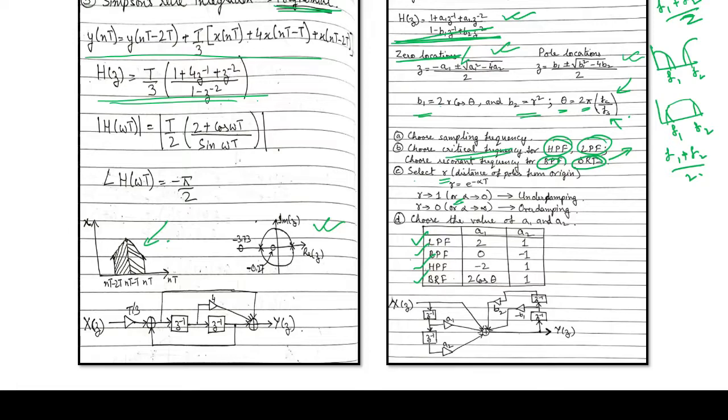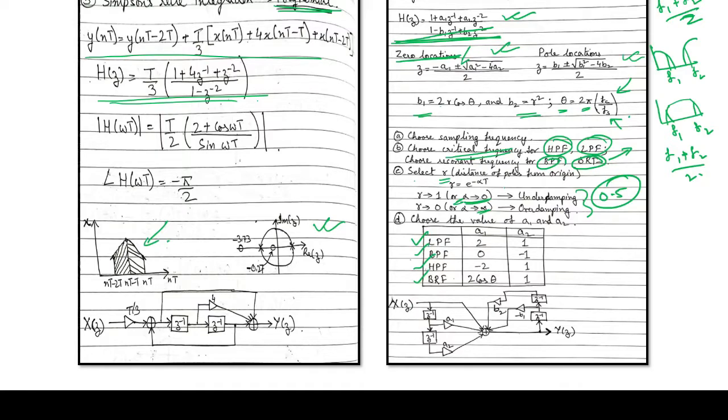You can vary the value of R from 0 to 1. R is given by e to the power minus alpha t, so alpha may vary from 0 to infinity. Depending upon what you want to do, it would be best to start with 0.5, and depending upon your need, you either increase or decrease it.